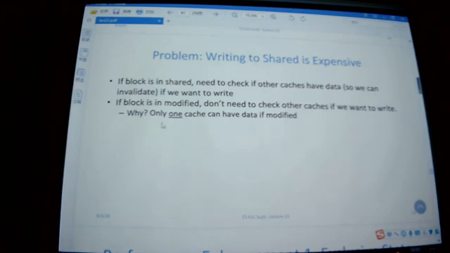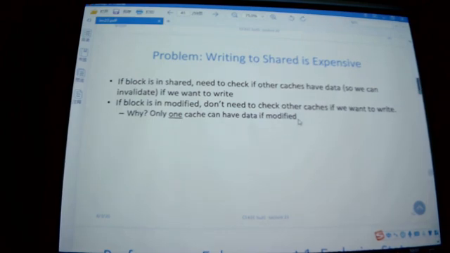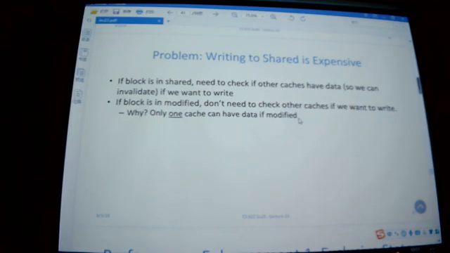This is the answer: only one cache can have data in the modified state. This is very important. If several caches had the data modified, we wouldn't know which one is the modified one. So we give a rule: only one cache can have the data modified.